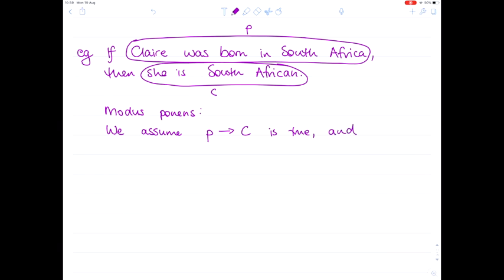And we assume that Claire was born in South Africa, and therefore we can conclude, okay, so we're assuming that it's true that if someone's born in South Africa, then they're South African.